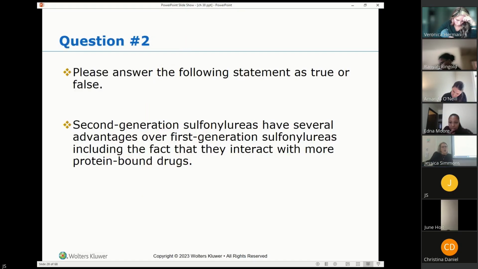All right, true or false? Second generation sulfonylureas have several advantages over first generation sulfonylureas, including the fact that they interact with more protein-bound drugs. It is false. The first part is true, the second part is false.